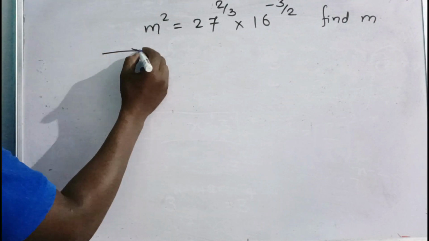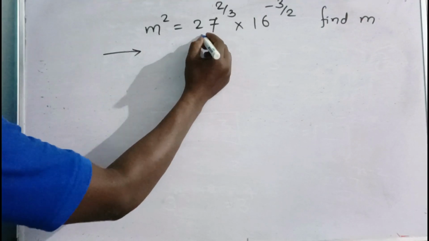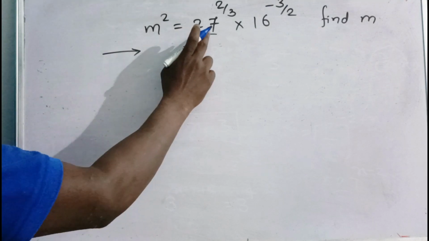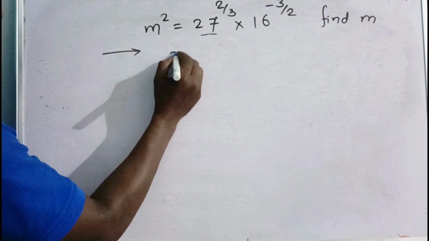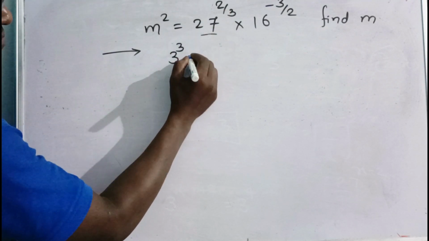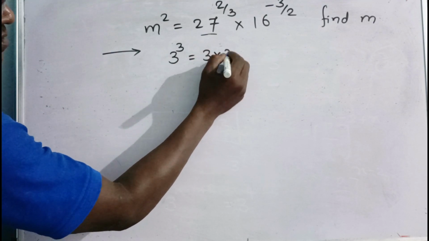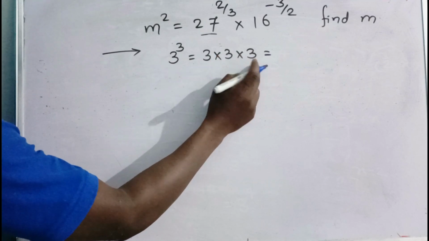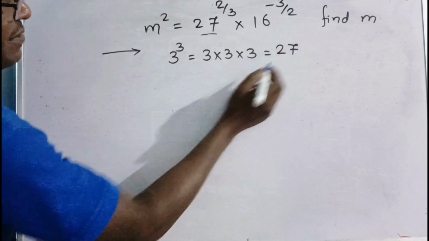नाउ इसको चेक करना है कि भाई ये किसका कितना रूट है। 3 raised to the power 3 हम देखेंगे तो क्या होगा, 3 into 3 into 3, 3 3 जा 9, 9 3 जा 27.